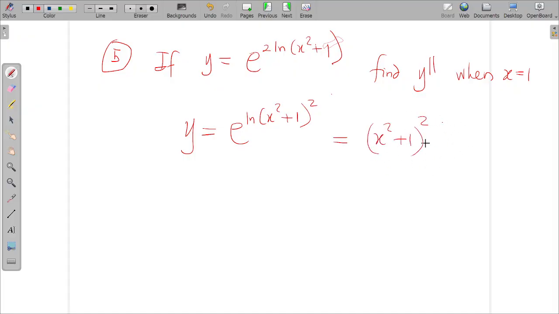If you recognize that, that will make your work simple. If you don't recognize that, just derive with your exponential function. It's still fine, but it will take you more time. Okay, so we have this.